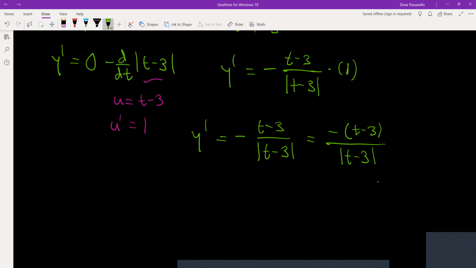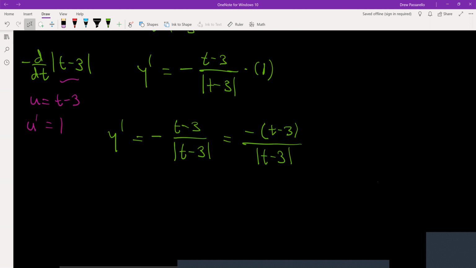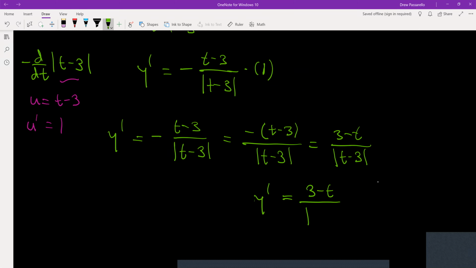And that just switches it so it becomes 3 minus t up top. All right, so that's what the derivative is. This was just a preference thing, to go ahead and put the negative up in the numerator.